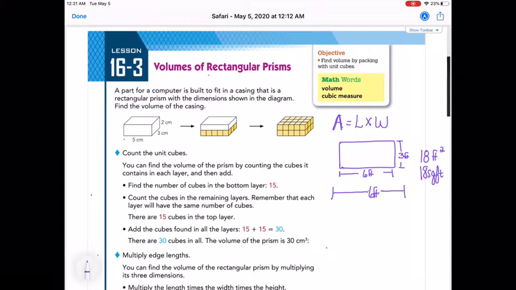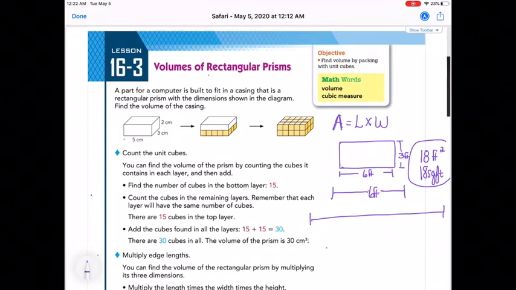Either one is fine. We can't just put 18 feet, because that would just be a one-dimensional 18-foot line, and that doesn't represent your floor. Your floor is two-dimensional, length and width. So that's why we have this little 2. We say 18 feet squared or 18 square feet because area is two-dimensional.